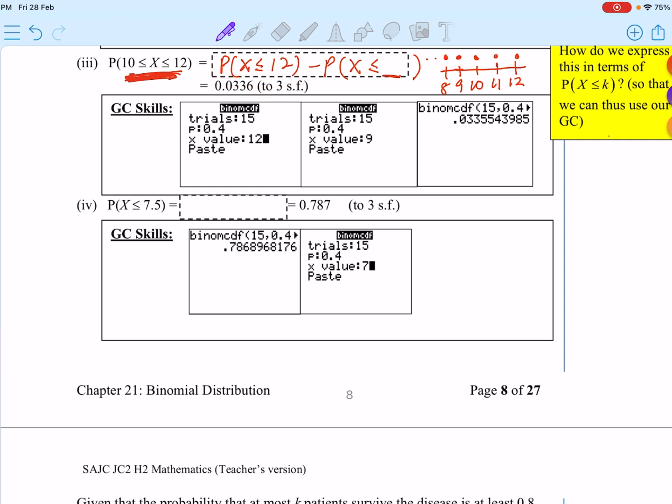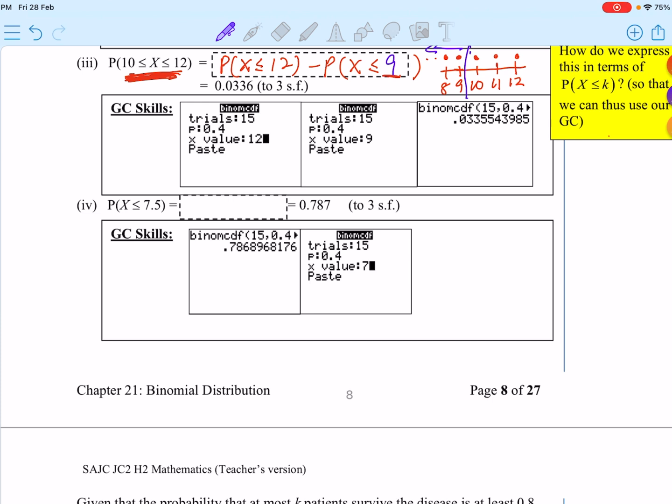the values that are divided between 9 and 10. Right, so we want to exclude these values here. So we want to subtract away probability of x less than or equal to 9.